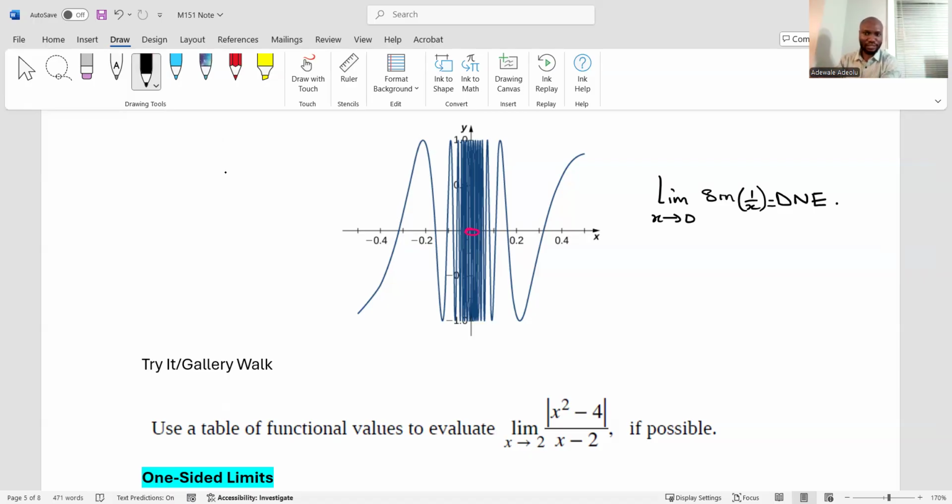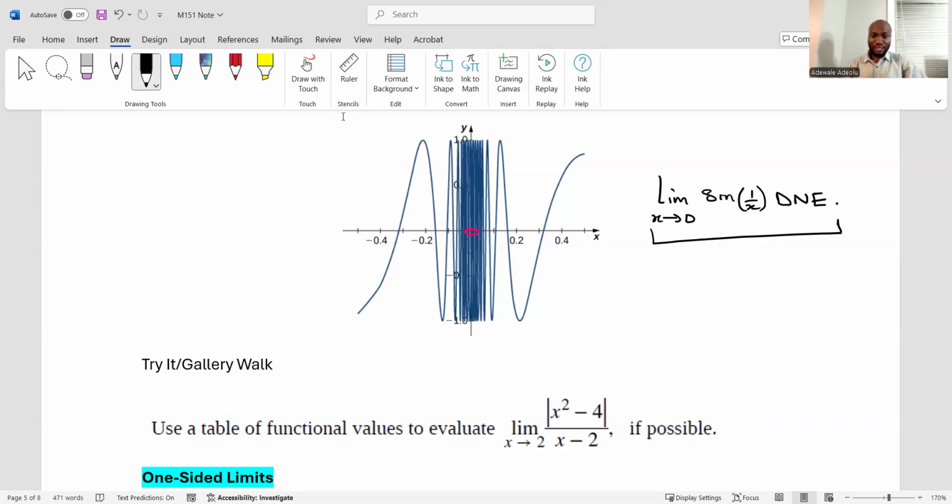From the English statement, the limit of this does not exist, so you've already used the verb does. Do not put equal to there. Just use does not exist. So the limit of sine of 1 over x as x goes to 0 does not exist. That is our claim. If it cannot get to a single value, then we say it does not exist.